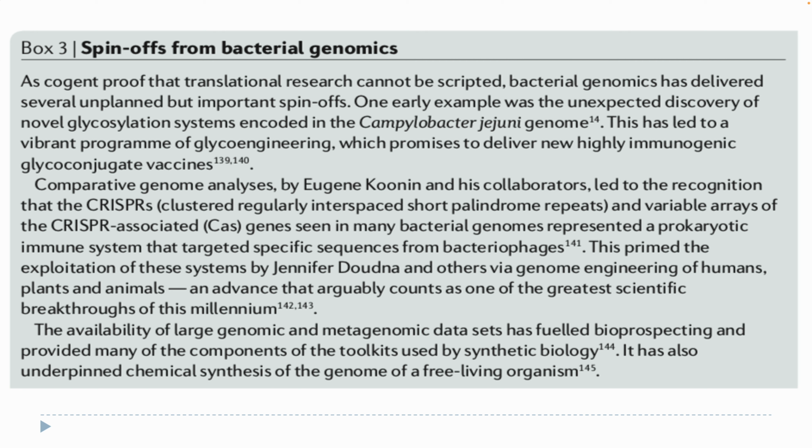What was the great leap forward was that Jennifer Doudna and other colleagues realised that you could actually use these systems to cut DNA in a very precise way, and this led to genome engineering of humans, plants and animals. Probably an advance that counts as one of the greatest scientific breakthroughs of this millennium, in fact, and the ramifications of that are still being played out as we create new breeds of plants and animals, redoing agriculture, and also allow us to get involved in gene therapy.